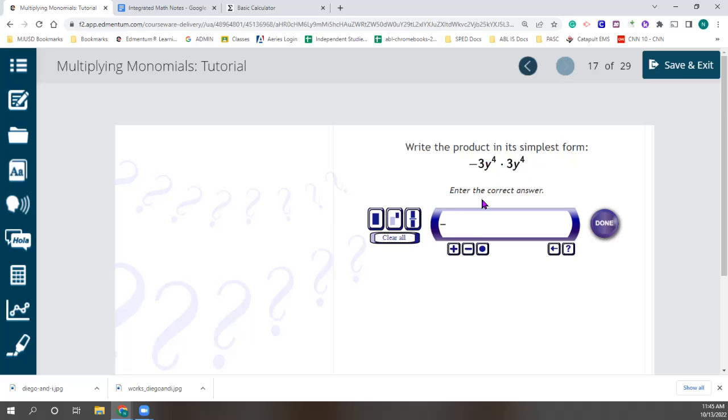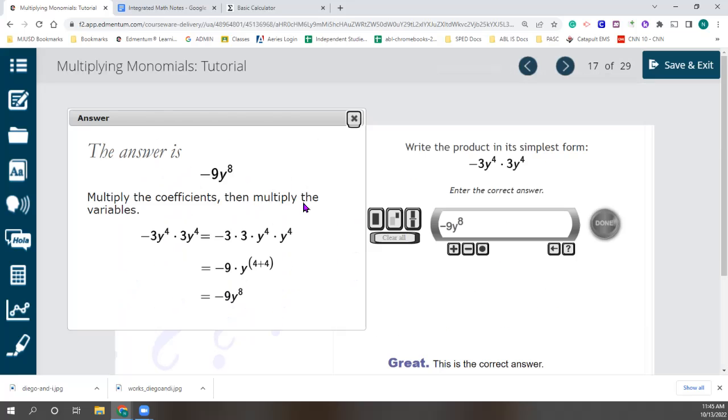So -9, and then we add the exponents for the variables. 4 plus 4 is 8. y to the exponent 8. Done. I got the answer correct.